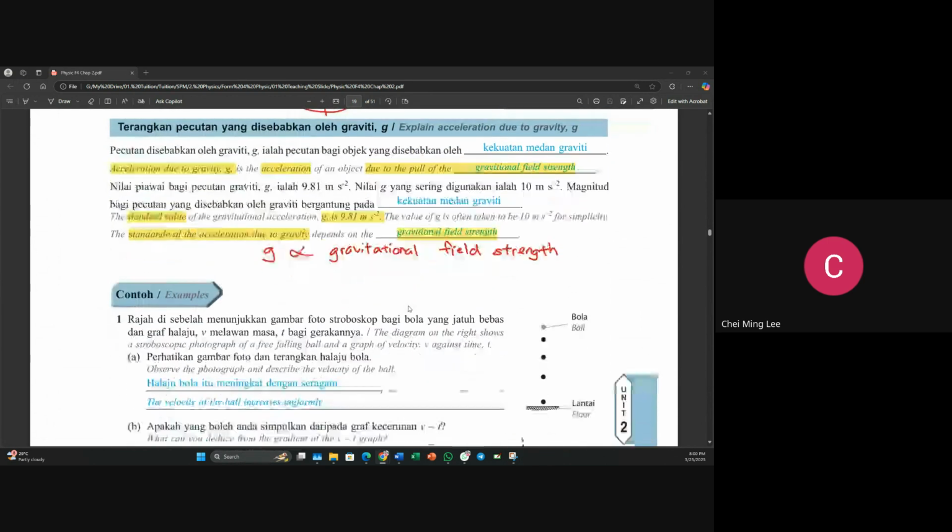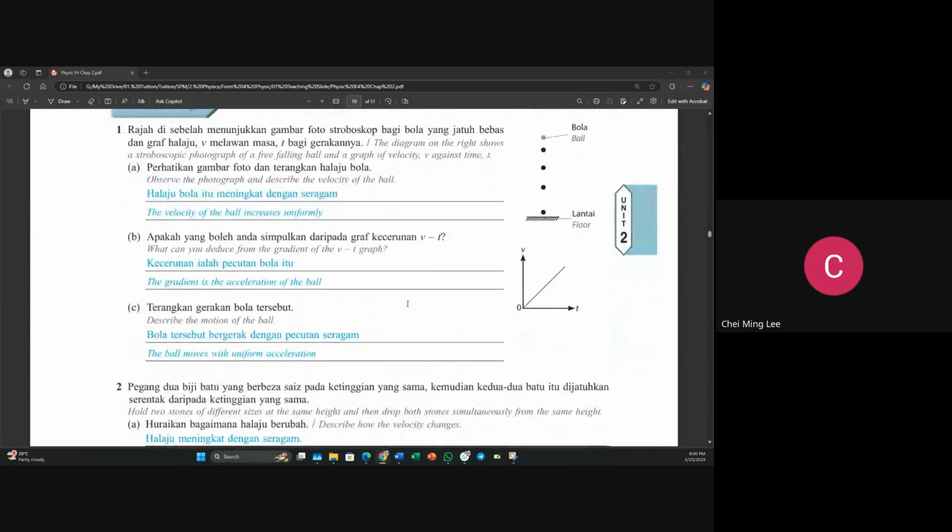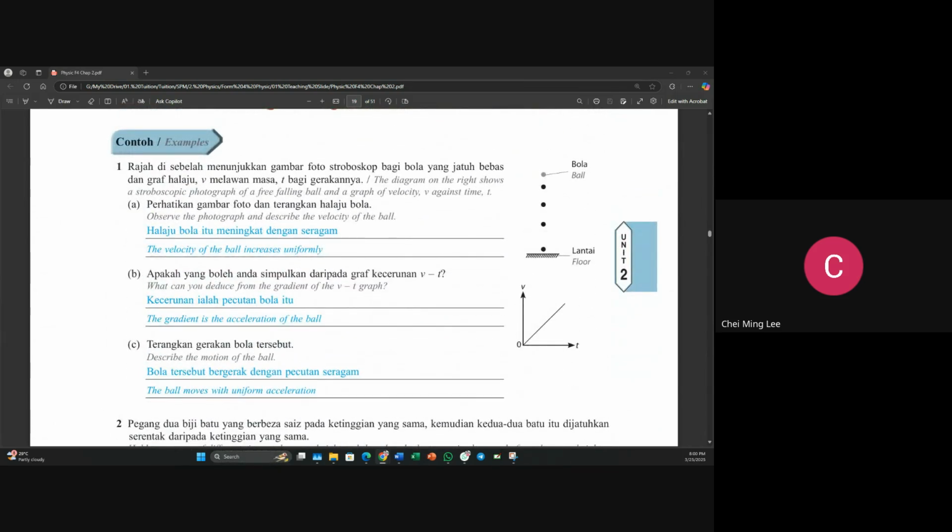Let's see an example on this. The diagram on the right shows a stroboscopic photograph of a free falling ball and a graph of velocity v against time t. He wants you to observe the photograph and describe the velocity of the ball, where the distance is getting bigger and bigger.